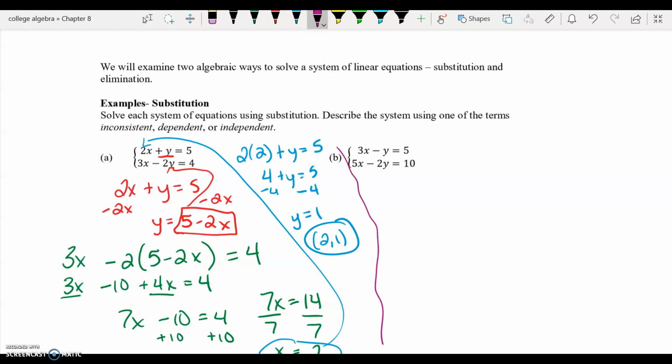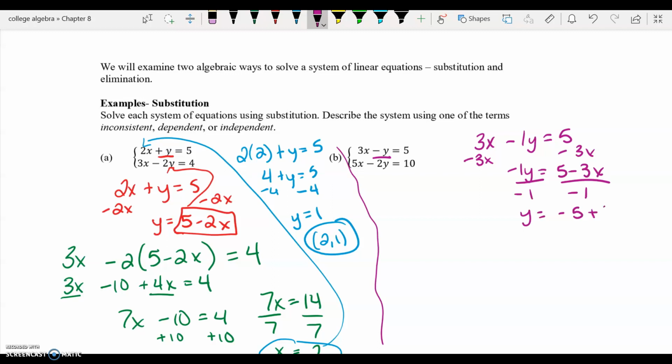Again, the easiest one to manipulate is the one that has a 1 in front of it. So in this case, it's a negative 1. That's 3x minus 1y equals 5. Let's subtract 3x, and I'm going to divide it all by negative 1. So negative 5 plus 3x.